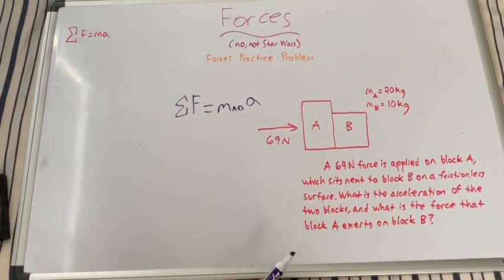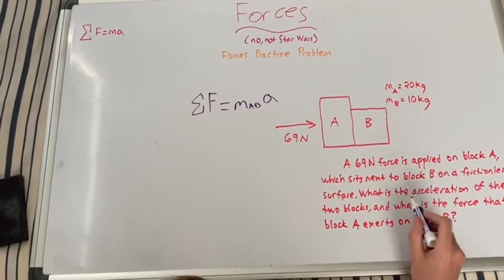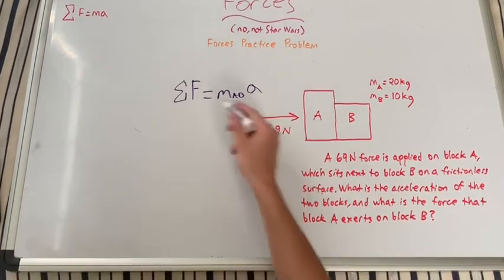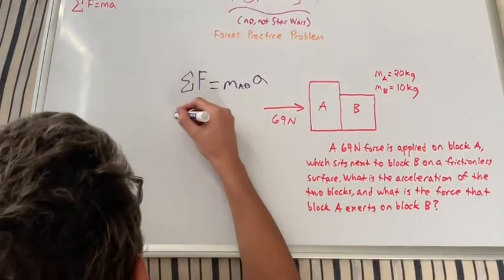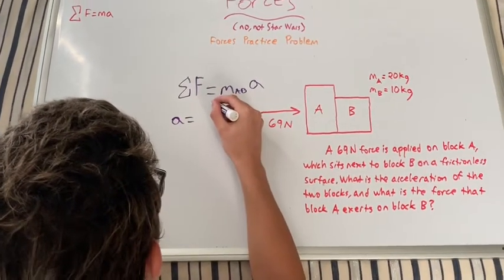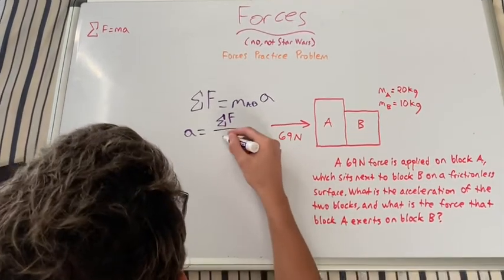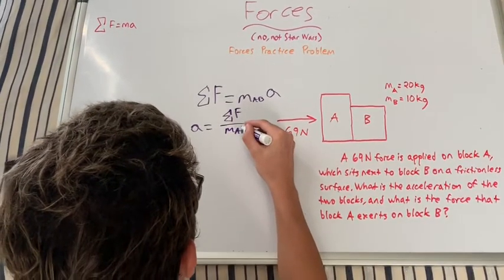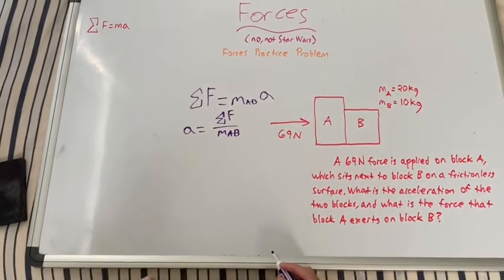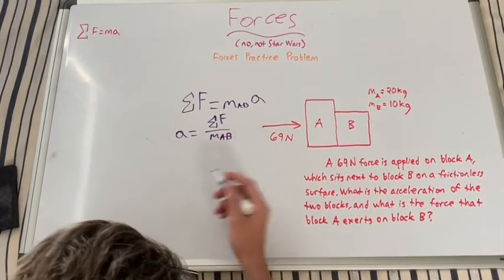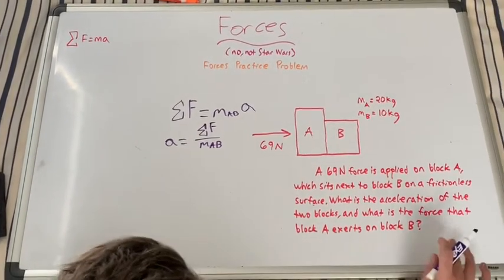Now it said to find the acceleration of the two blocks, so it's a simple division, and so A is going to equal sigma F over M_AB. So now we have an expression for the acceleration, and we can solve for that easily.